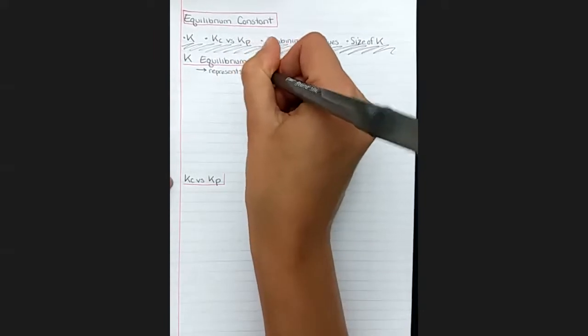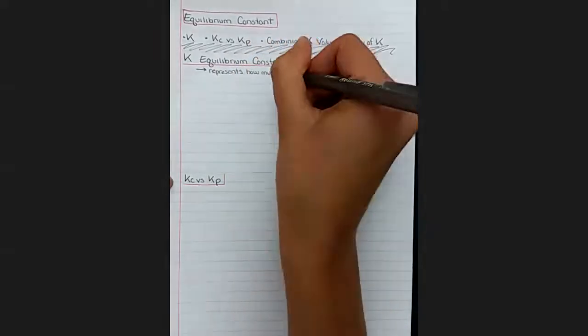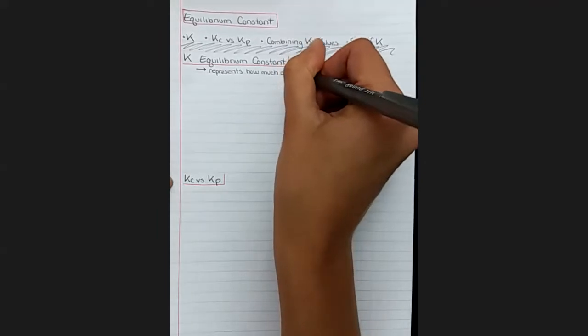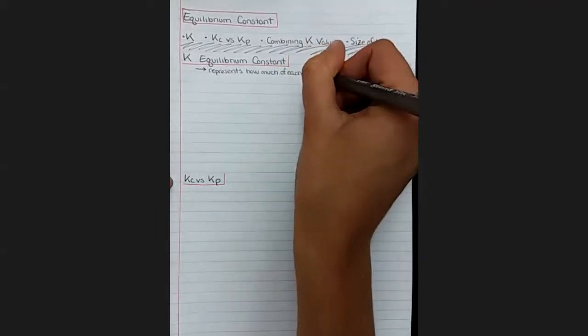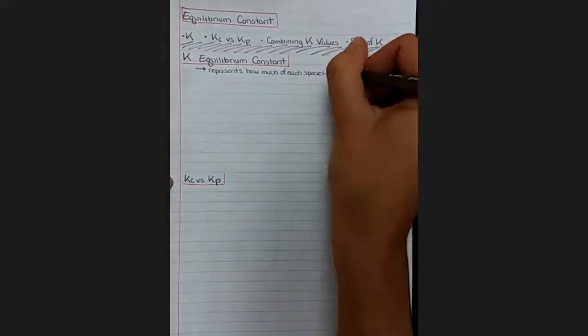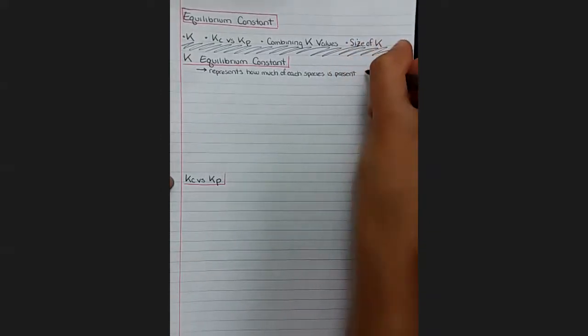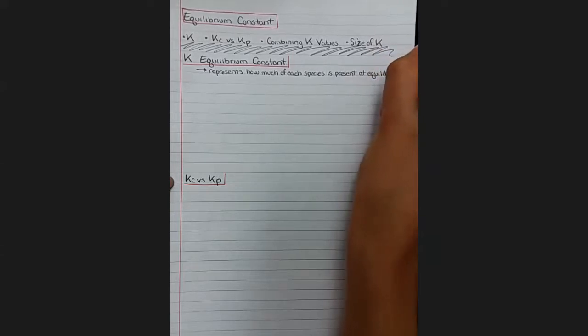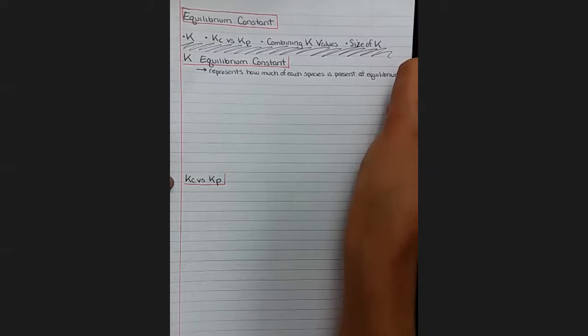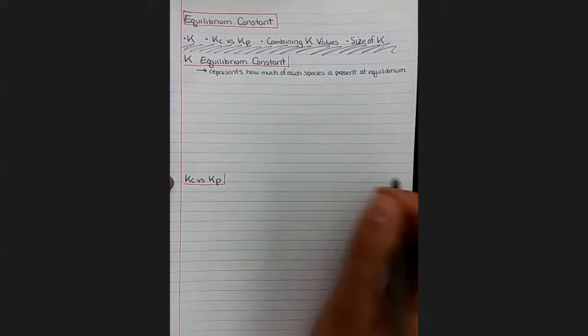It represents how much of each species or substance is present at equilibrium. We can really get a feel for what that solution looks like.